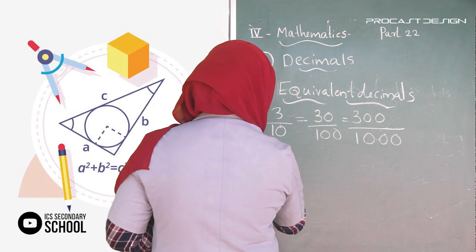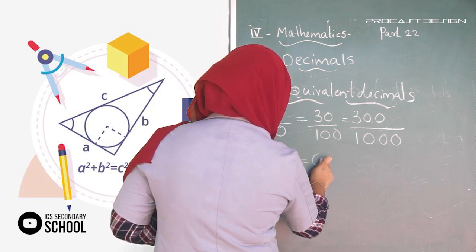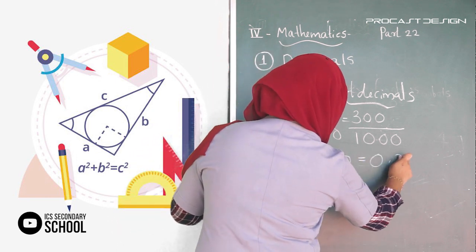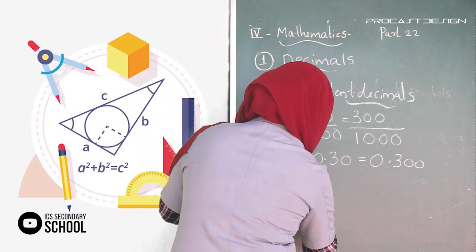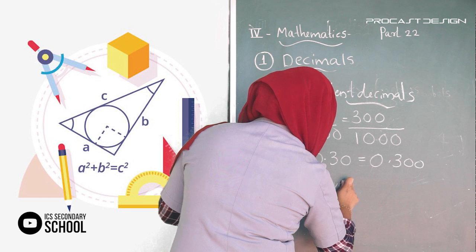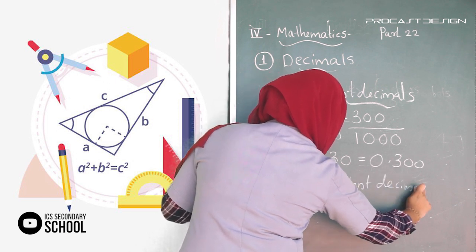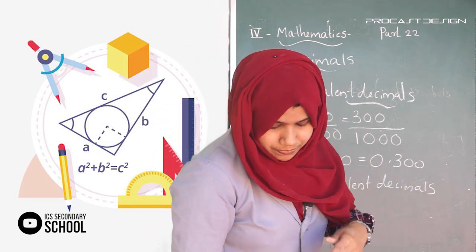3 by 10 means 0.3, 0.30, 0.300. They are equivalent decimals.